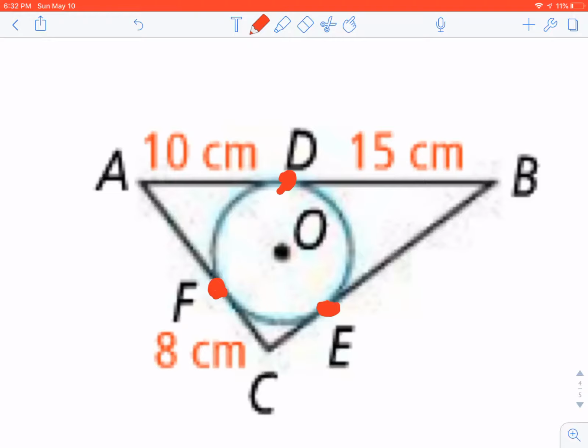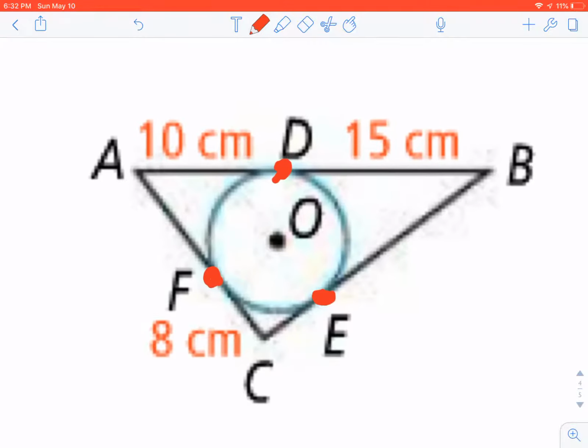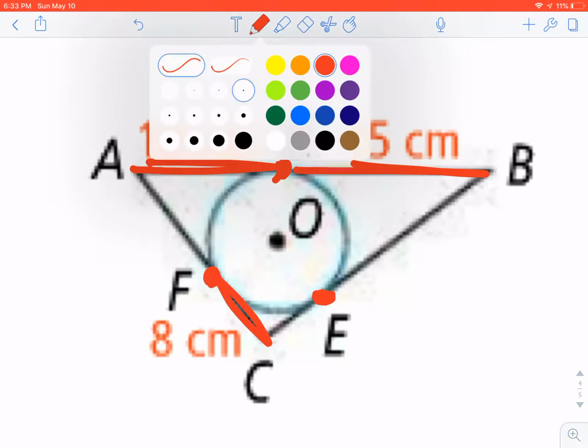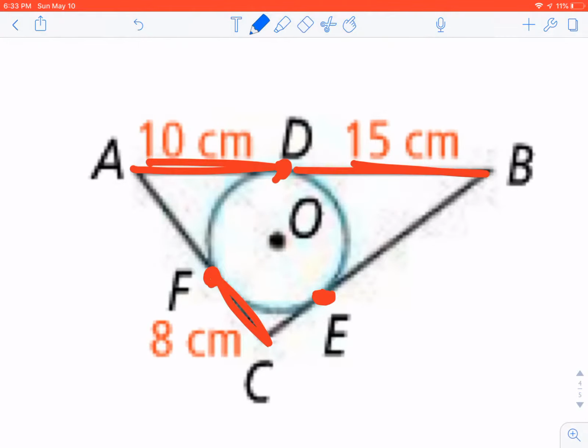Okay? With that being said, since all of these points are tangent, now we can start to fill in some information. The perimeter means the length around this triangle. Well, we know that this is 10, we know this is 15, and we know that this is 8. We need to know this piece and this piece to add them all up to find the perimeter. Well, the theorem I talked about just told me if two tangent lines share a common endpoint, then those lines are congruent.